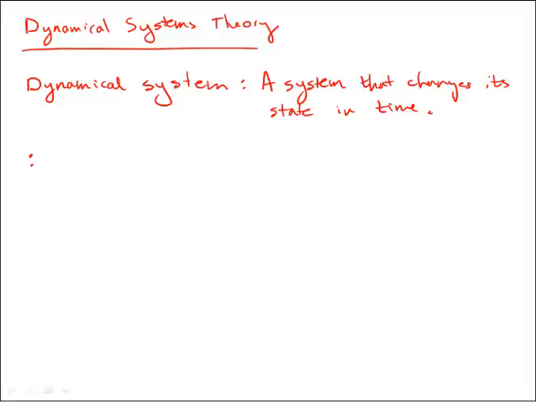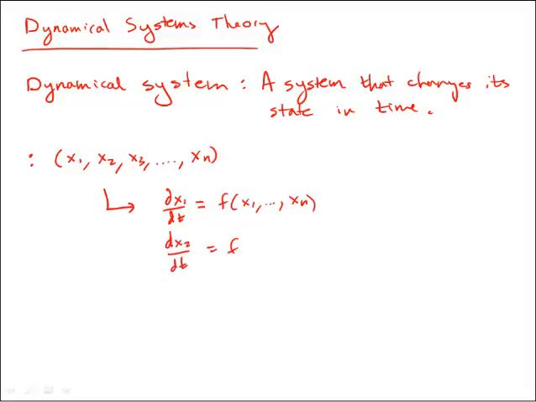So, for example, if our system state is described by x1, x2, x3, all the way up to xn, where each variable represents some property of the system, then the dynamical system would be an equation for the time derivative of x1, which is a function of all of the other variables, the time derivative of x2, which is a function of all the other variables, so that would be f1.